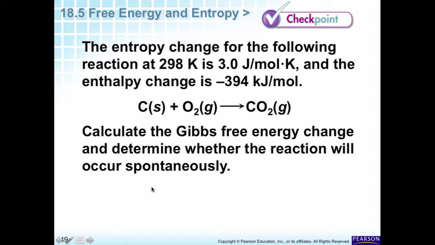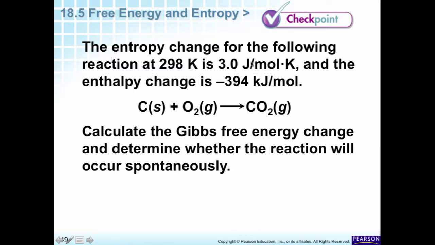So, if we have this question, which I'm going to have you answer on educannon: the entropy change for the following reaction at 298 K is 3.0 joules per mole Kelvin, and the enthalpy change is minus 394 kilojoules per mole. This is the equation. Calculate the Gibbs free energy change and determine whether the reaction will occur spontaneously.